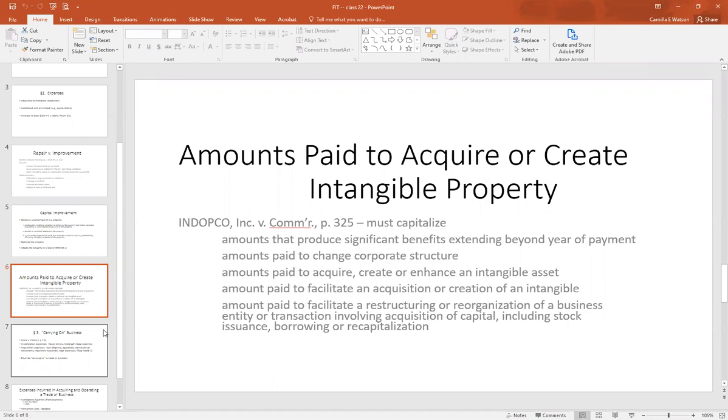What the court probably is referring to is an ongoing employee, that is, not someone hired specifically to facilitate the transaction or who specifically facilitates the transaction. So therefore, if it's an employee that has been an employee for a while, was not hired specifically to facilitate the transaction, then that employee's expenses should be currently deductible under the regulations.